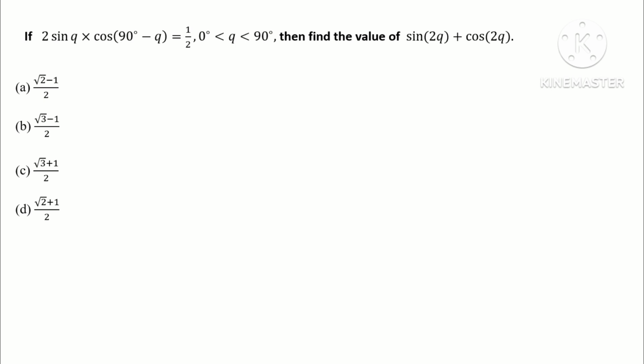In this question, they have given this and are asking to find out sin 2q plus cos 2q. So 2 sin q into, we know that cos 90 minus theta is sin theta.